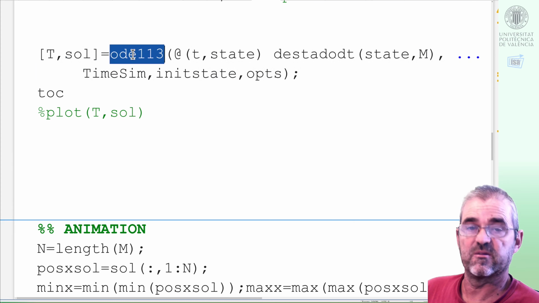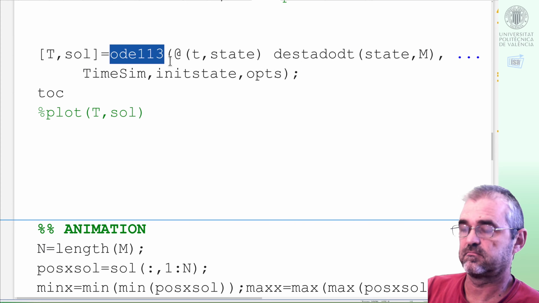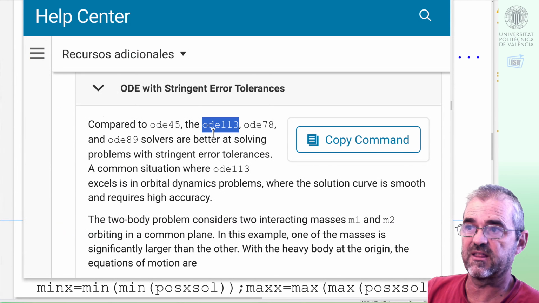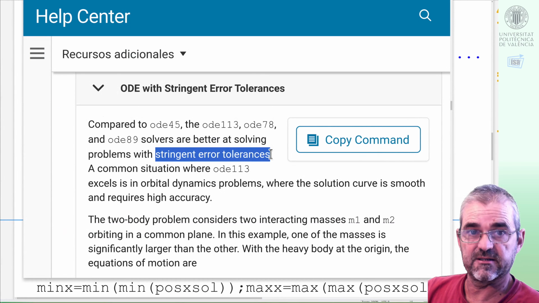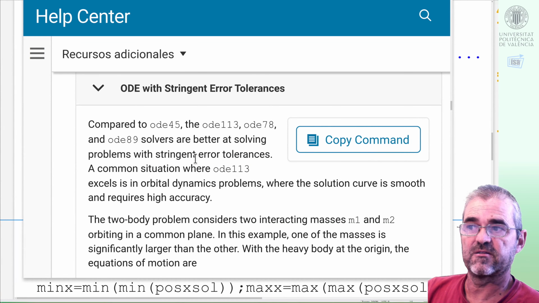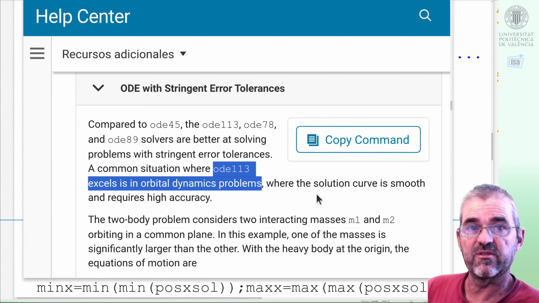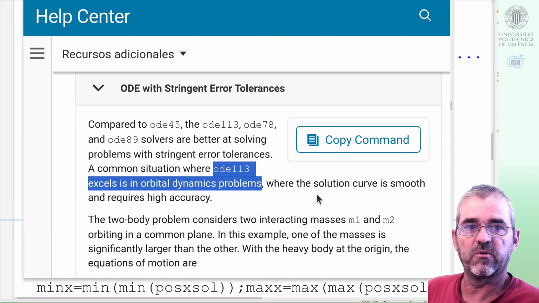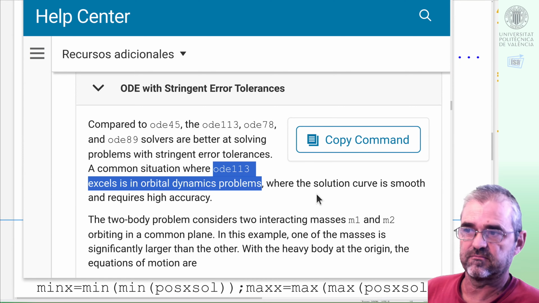So this is the numerical integrator ode113, which I chose because Matlab's documentation tells me that this one is better with stringent error tolerances, and ode113 excels in orbital dynamics. If the Matlab guys say that, they know more about orbital mechanics than I do, so I'll respect their will.